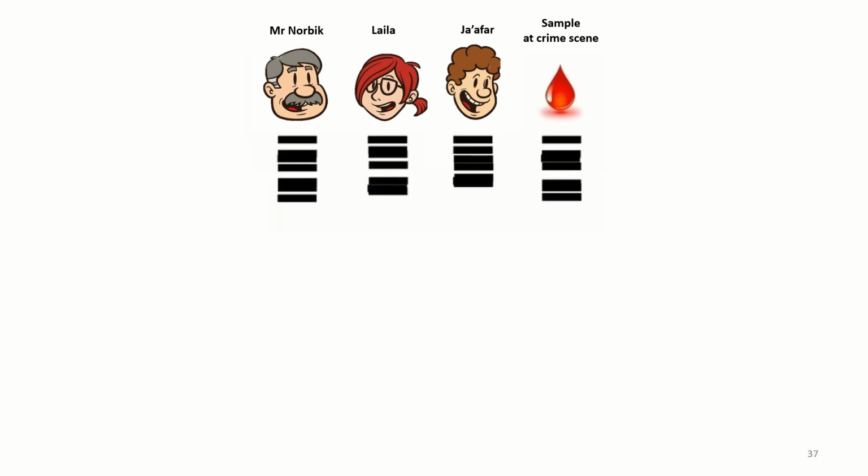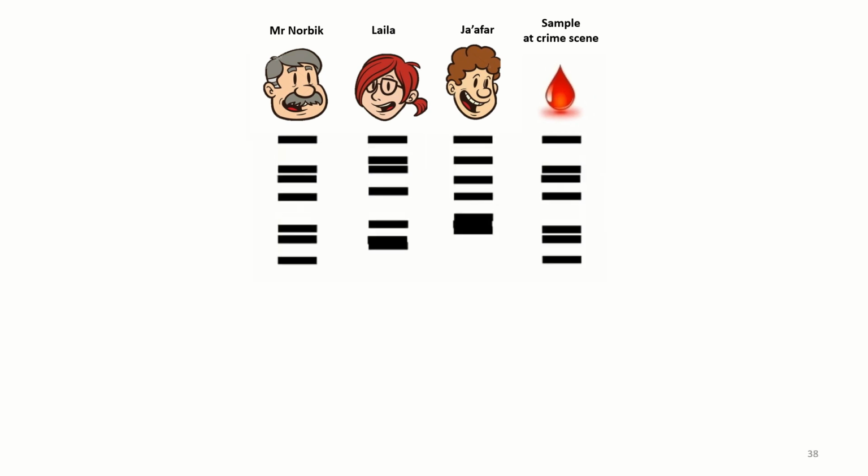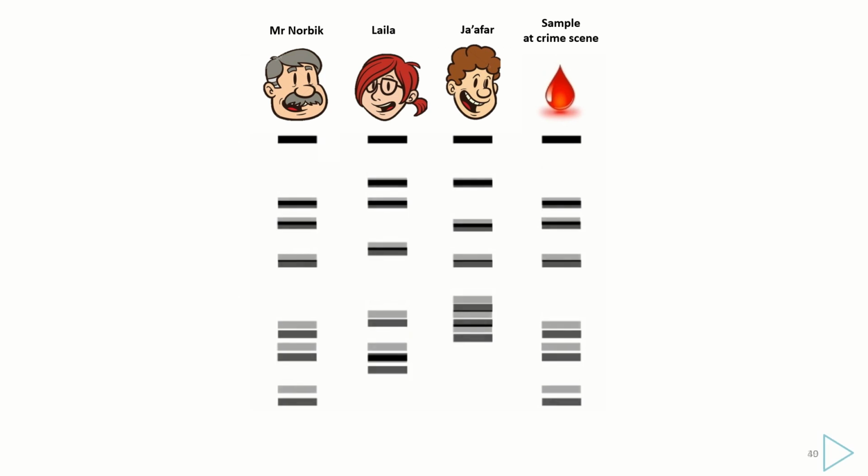We do electrophoresis to separate the fragments, and the sample is matched with Mr. Nobi's sample. After that, further investigation can be done by the authority to solve this mystery.